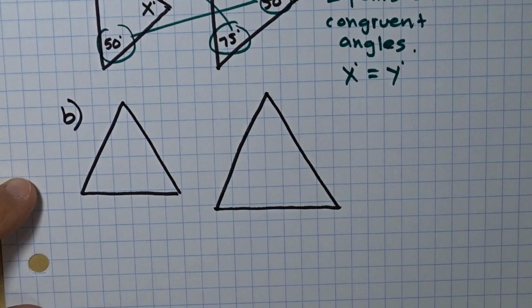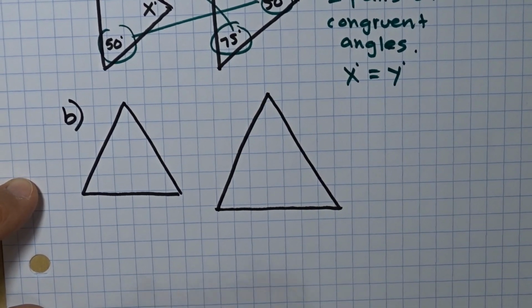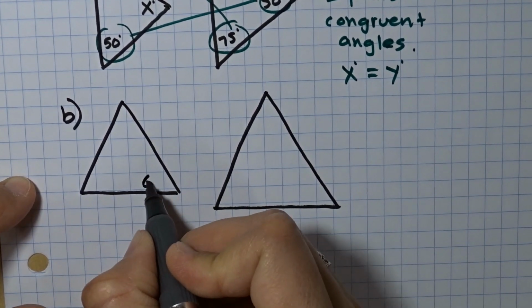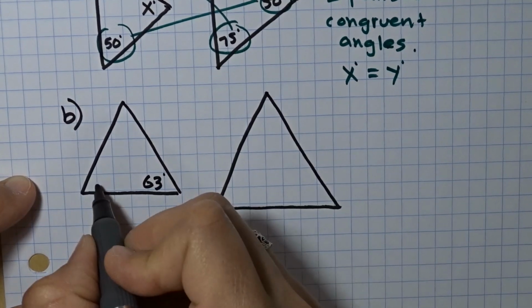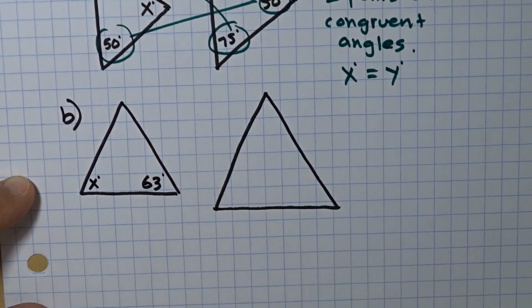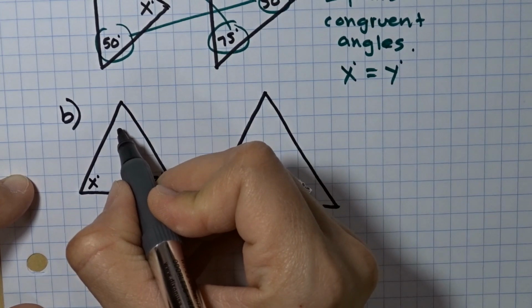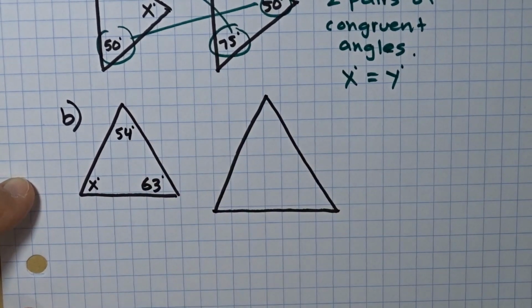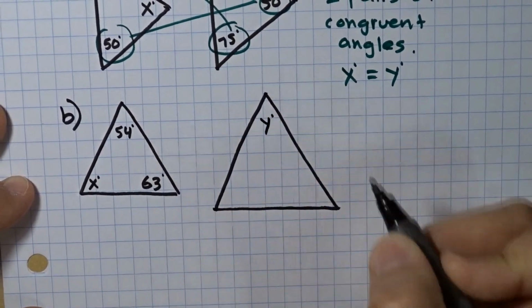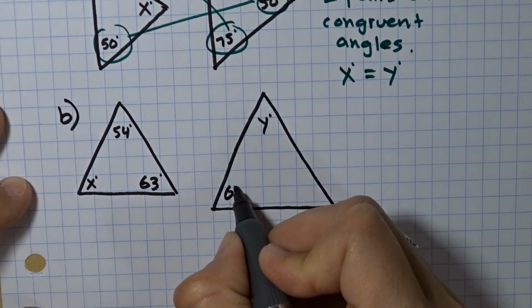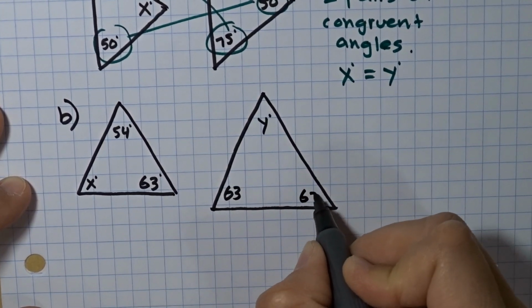So we have a 63-degree angle here. We don't know this angle, we'll call it X, and a 54-degree angle here. This one we'll call angle Y, 63 and 63.